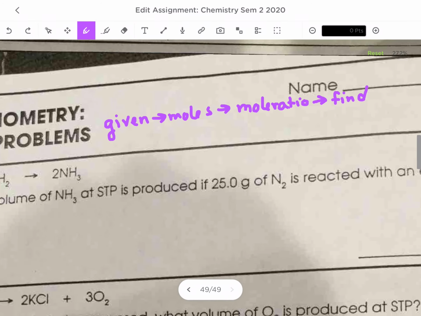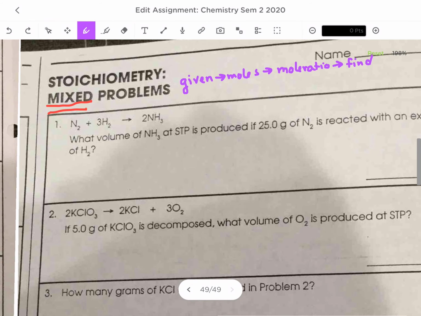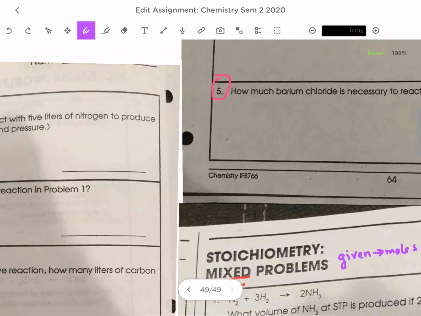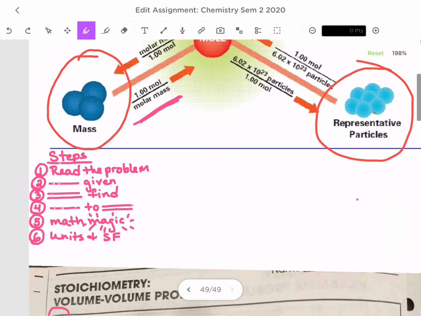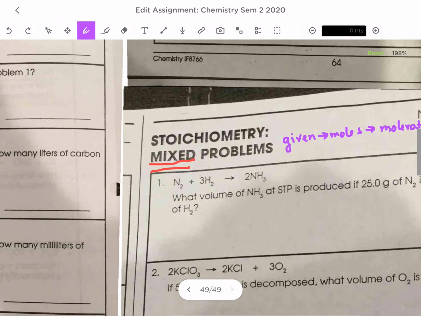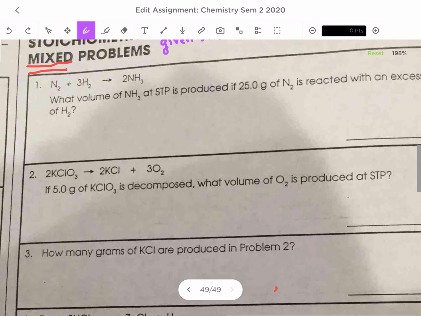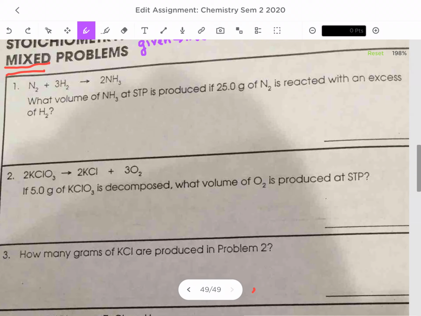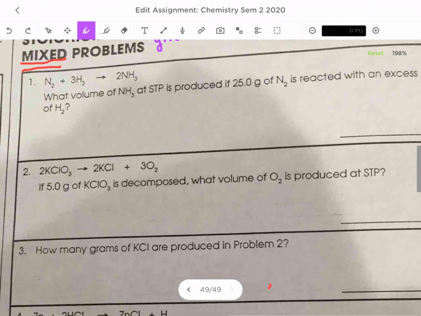So if we look at this first problem right here, and just like always, I'm just using the steps that are located right up there. So step number 1 says, read the problem. So it says, what volume of NH3 at STP is produced if 25 grams of N2 is reacted with an excess of H2.